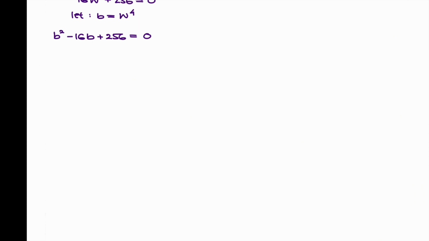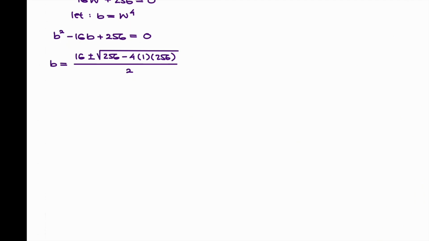If I solve it by using the quadratic formula, I will obtain b equals minus negative 16, that means 16, plus minus the square root of negative 16 squared, which is 256, minus 4 times a times c, over 2.